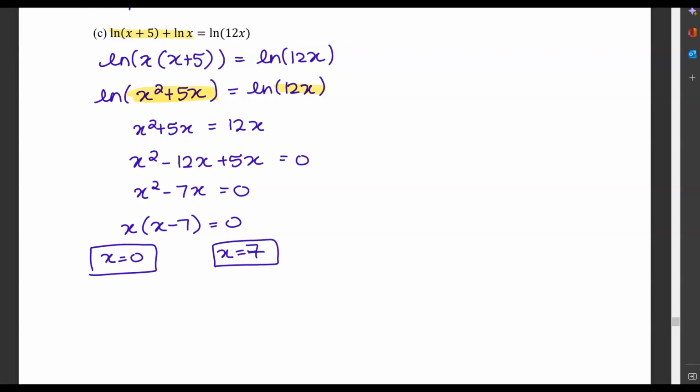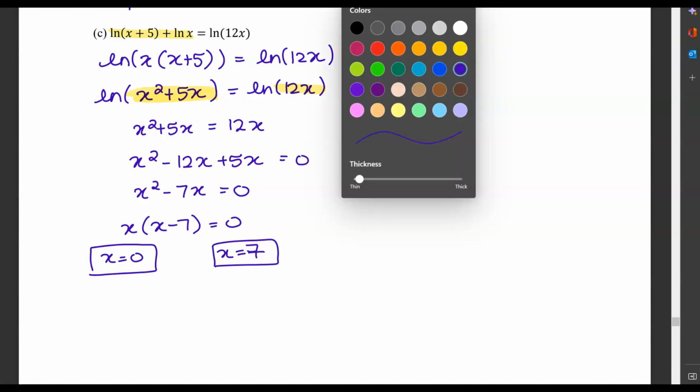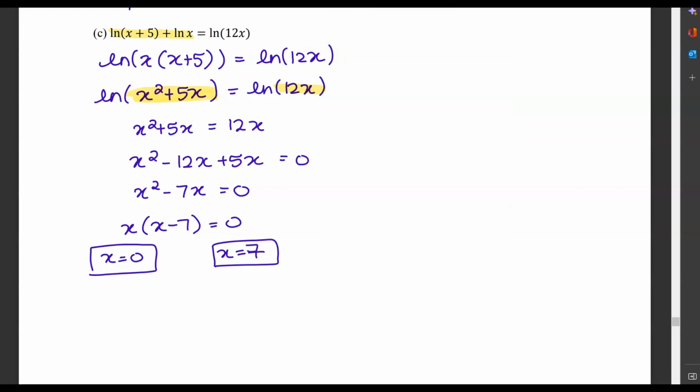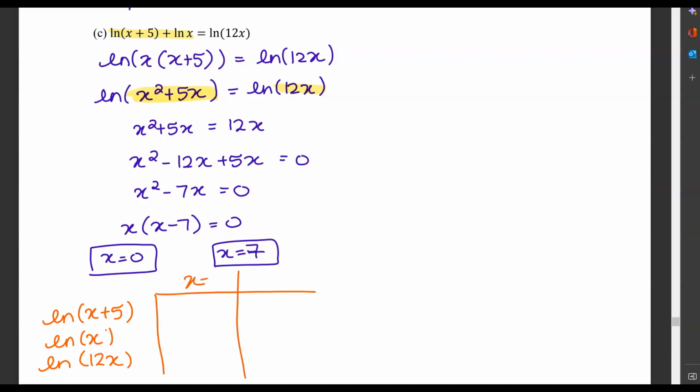Again, we've got to check these, right? So notice that when I check this and I plug it in, I'm going to check it against ln of x plus 5, ln of x, and ln of 12x. We want to make sure that all of these work out. So I'm plugging in x equals 0 and x equals 7.